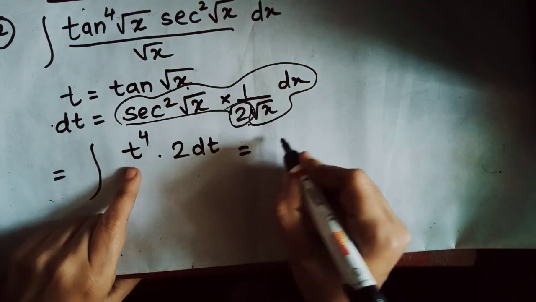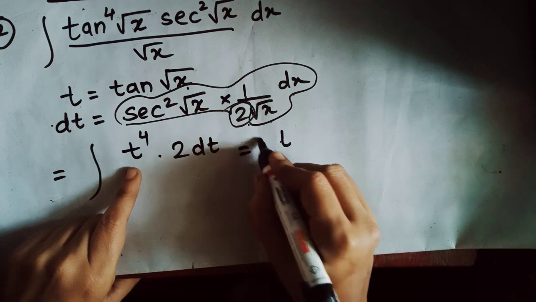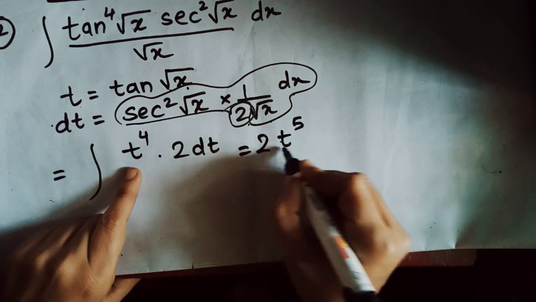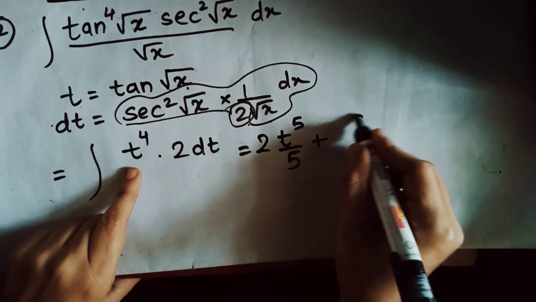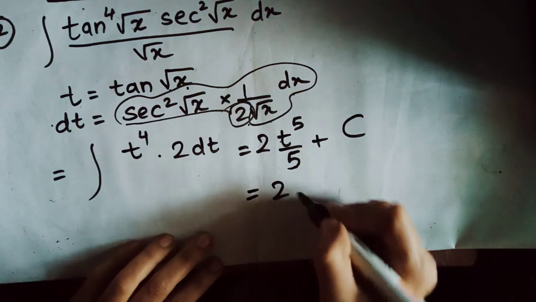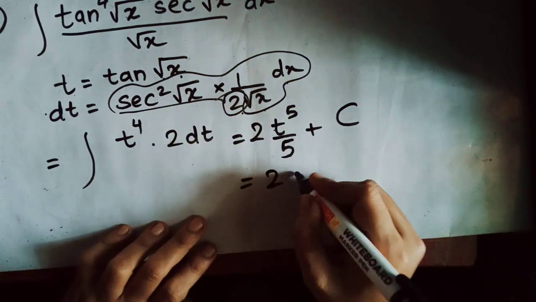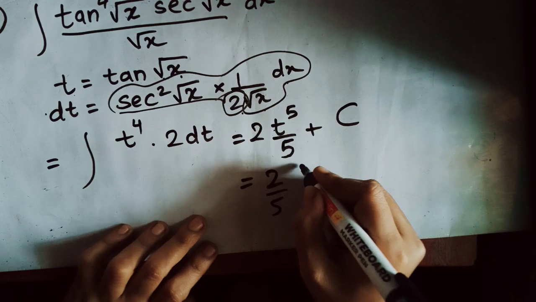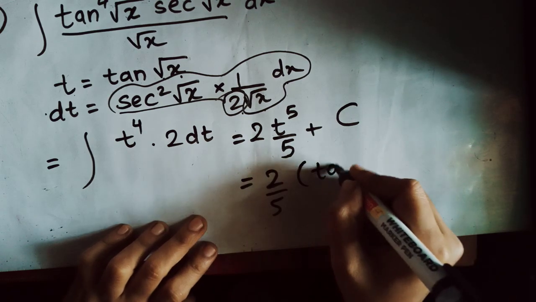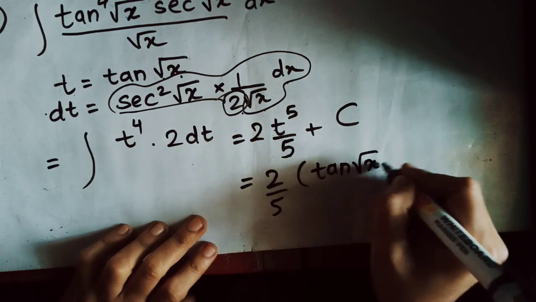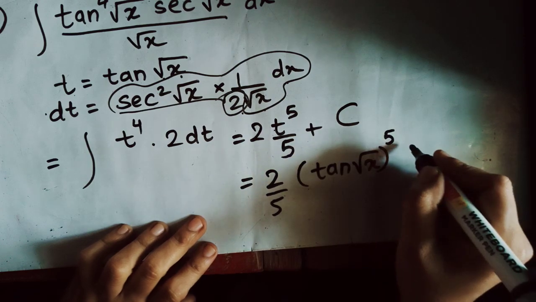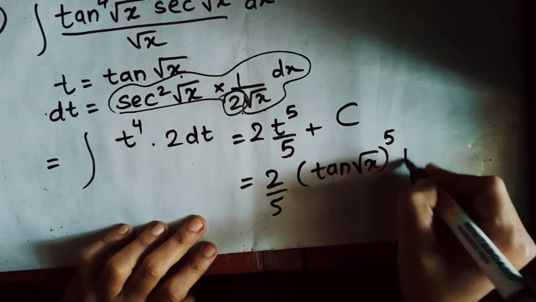So the integration of t raised to 4 is 2, you have to take outside, t raised to 5 upon 5 plus c. So whatever t you have taken, you have to write over there: tan root x raised to 5 plus c.